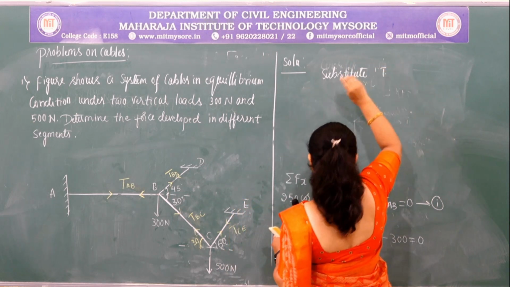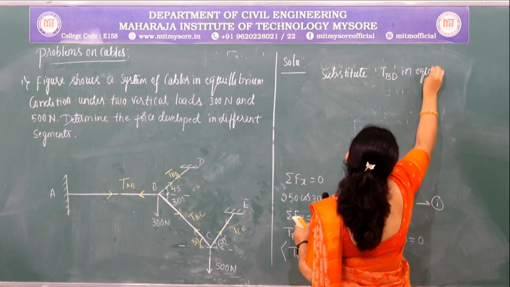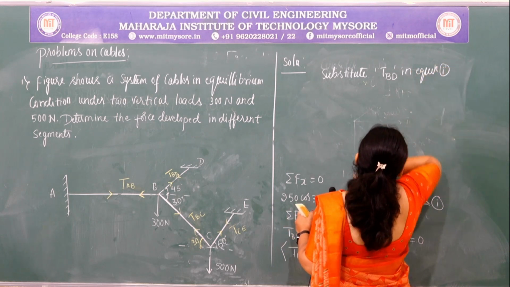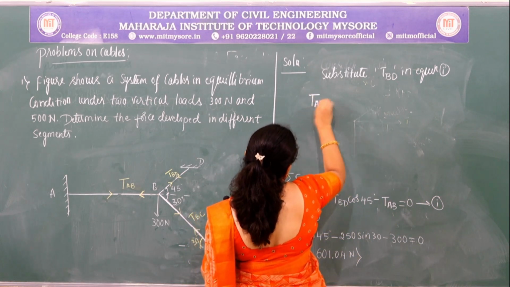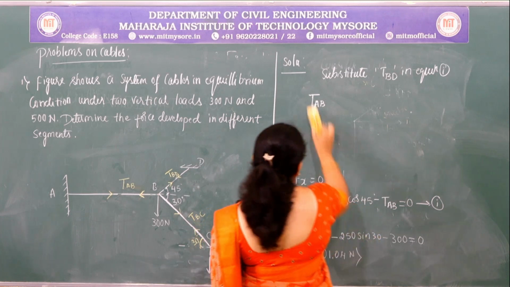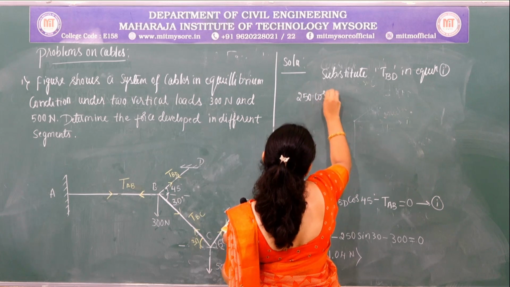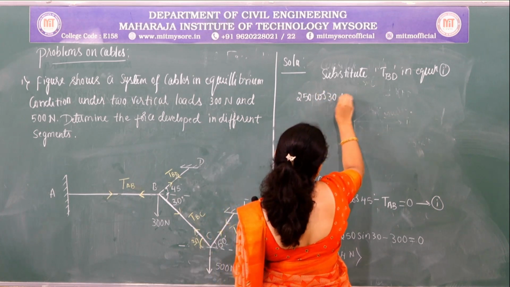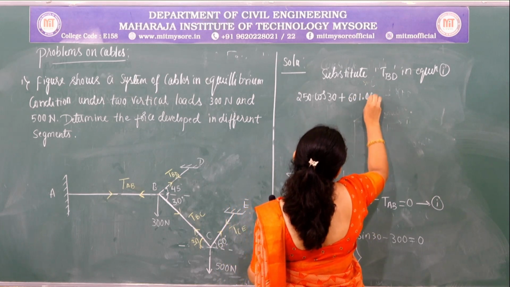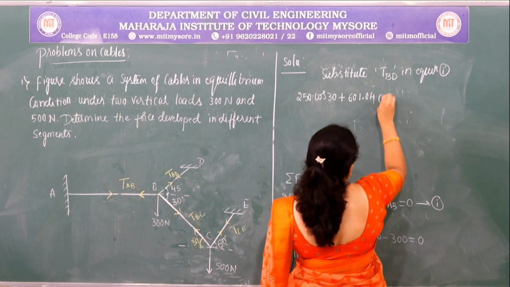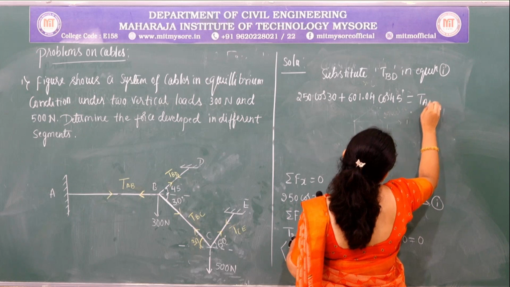Substitute TBD in equation 1, we are going to get the value of TAB, right? So that is 250 cos 30 plus the value of TBD we got, 601.04 cos 45, which is equal to TAB.